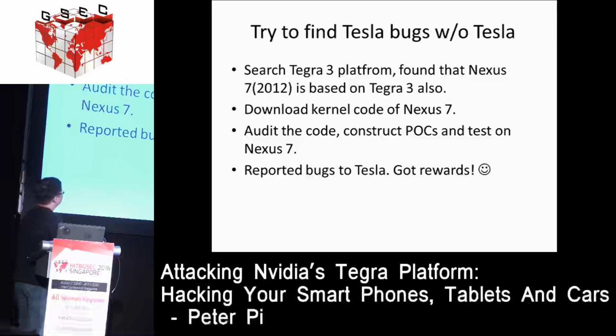So I searched the Tegra 3 platform and found that Nexus 7 is also based on Tegra 3. So I downloaded the kernel source code of Nexus 7, audited the code, constructed a POC, and tested on Nexus 7. Then I reported these bugs to Tesla and got some rewards. This is easy, okay.